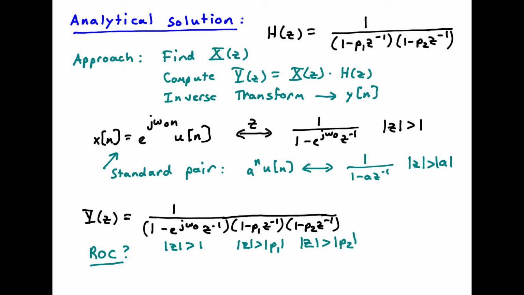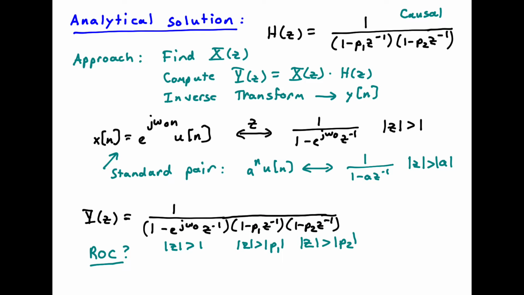And so the overall ROC, right, well, first of all, why are these greater than P1 and P2? Remember from the previous slide, we had denoted that this was a causal system. So the causal system has to be a right-sided system. A right-sided system has a region of convergence greater than the poles. So the region of convergence associated with each of these terms is this.